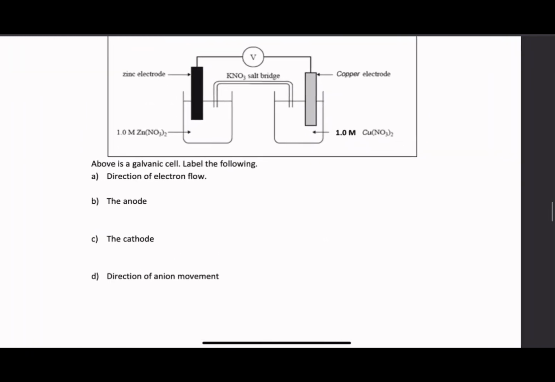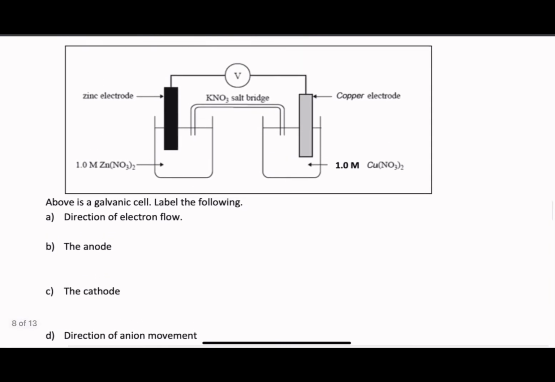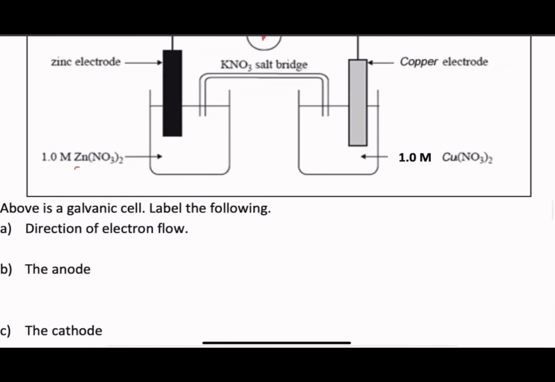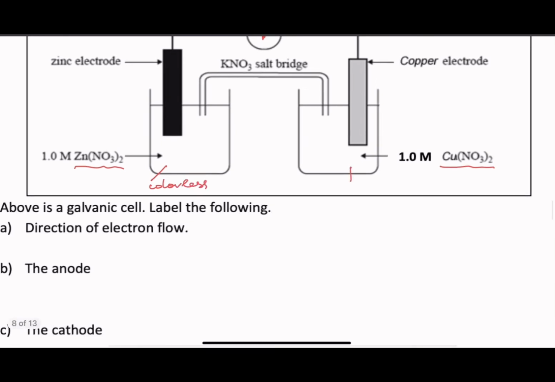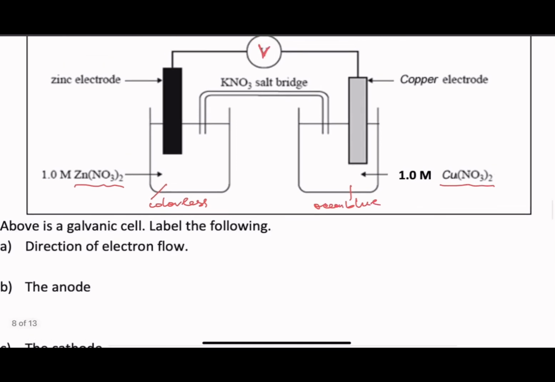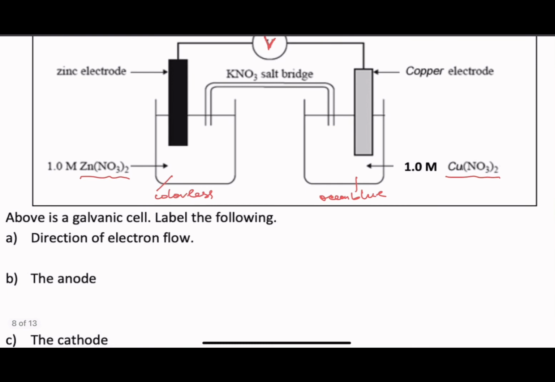We go to question 11. Watch out for this question. This is a very important one. This is a voltaic cell, shown with V, and we have zinc nitrate solution and copper nitrate. If you remember, we had this in the lab. This was colorless, and this was an ocean blue solution. We have a copper electrode and a zinc electrode.